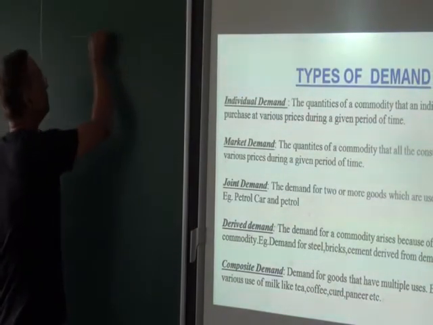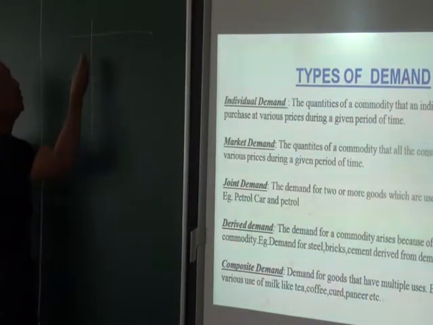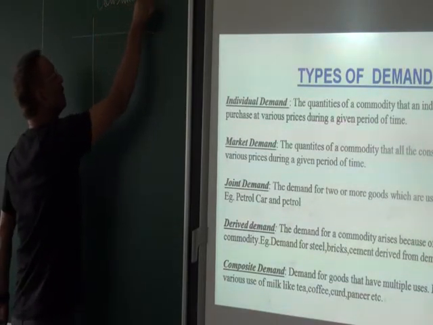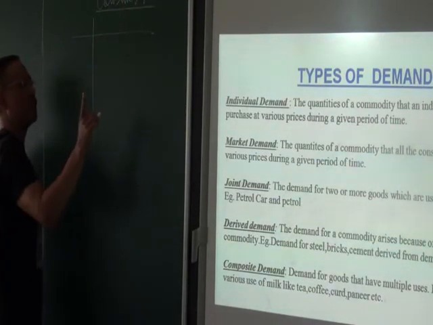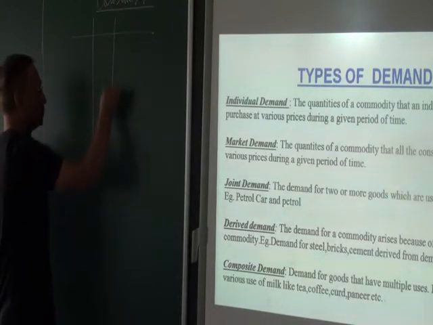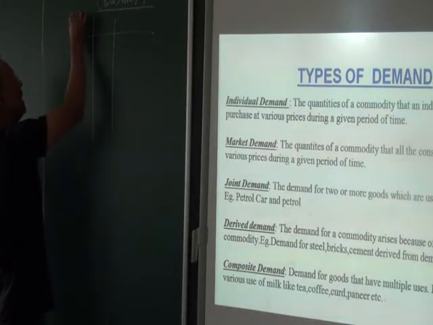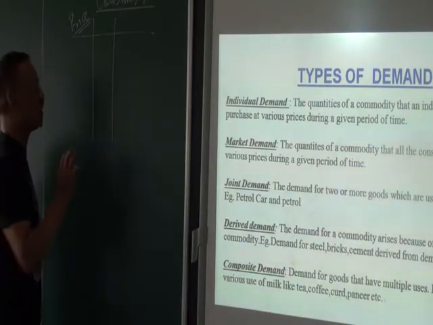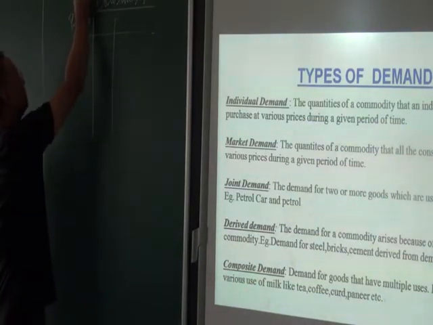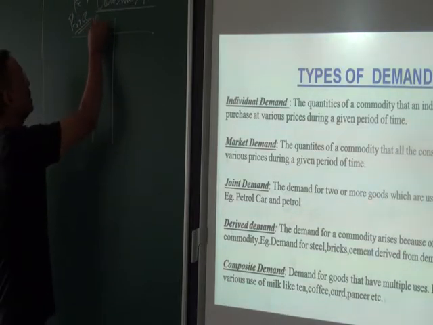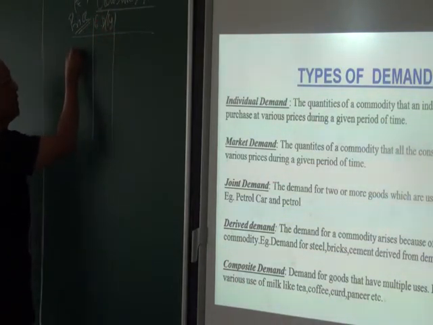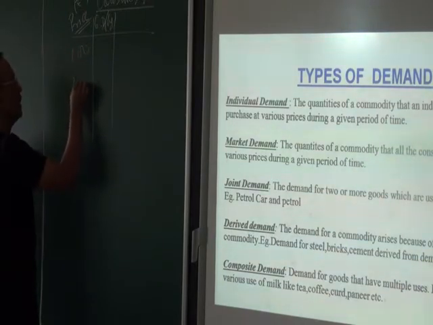Individual demand. So there is a consumer A, one individual, one consumer. Let's just say this is the price of apples per kg in rupees, and quantity demanded is in kgs. Price of apple is 100, 200, 300.